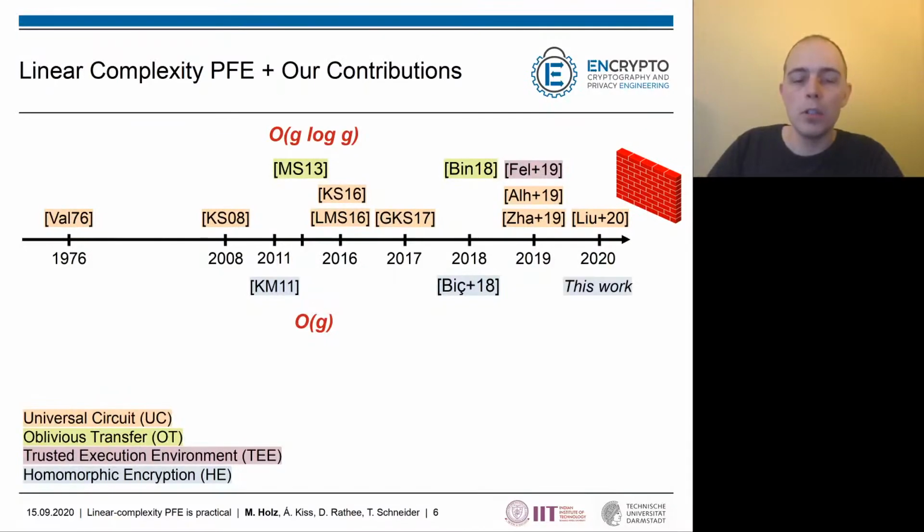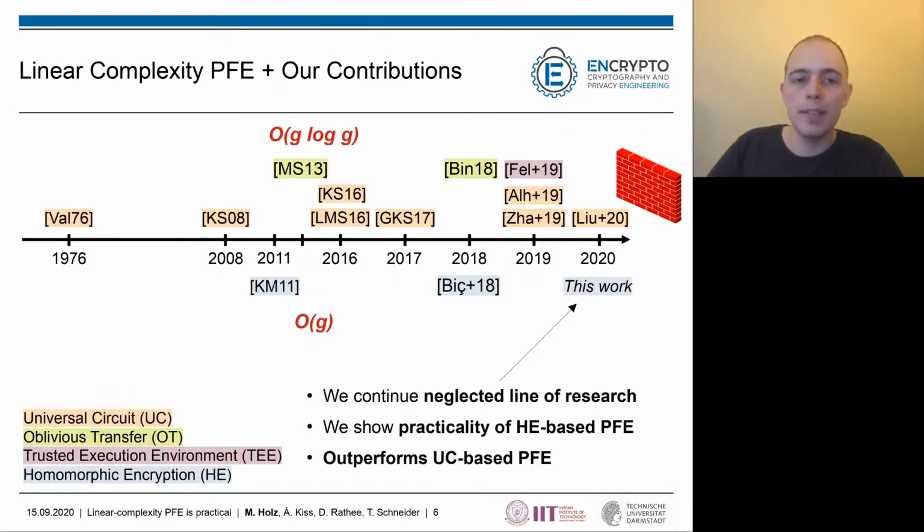With our work, we continue this neglected line of research. We show the practicality of homomorphic encryption-based private function evaluation, and we also show that linear complexity based private function evaluation already outperforms these recent universal circuit-based private function evaluation constructions.